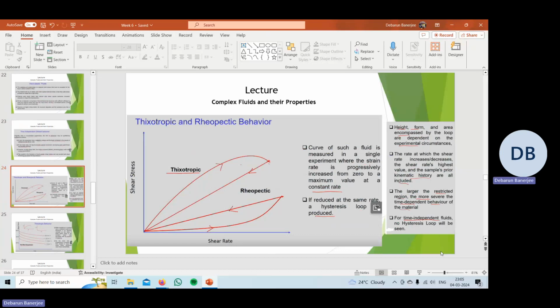The height, form, and area encompassed by the loop depend on the experimental circumstances: the rate at which the shear rate increases or decreases, the shear rate's highest value, and the sample's prior kinematic history are all included.